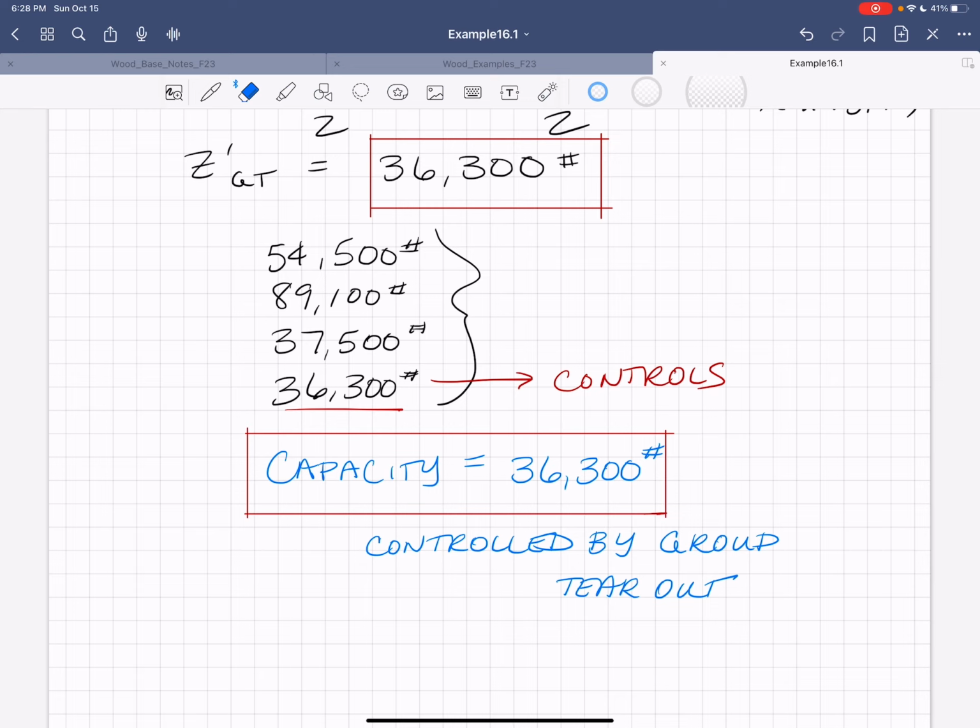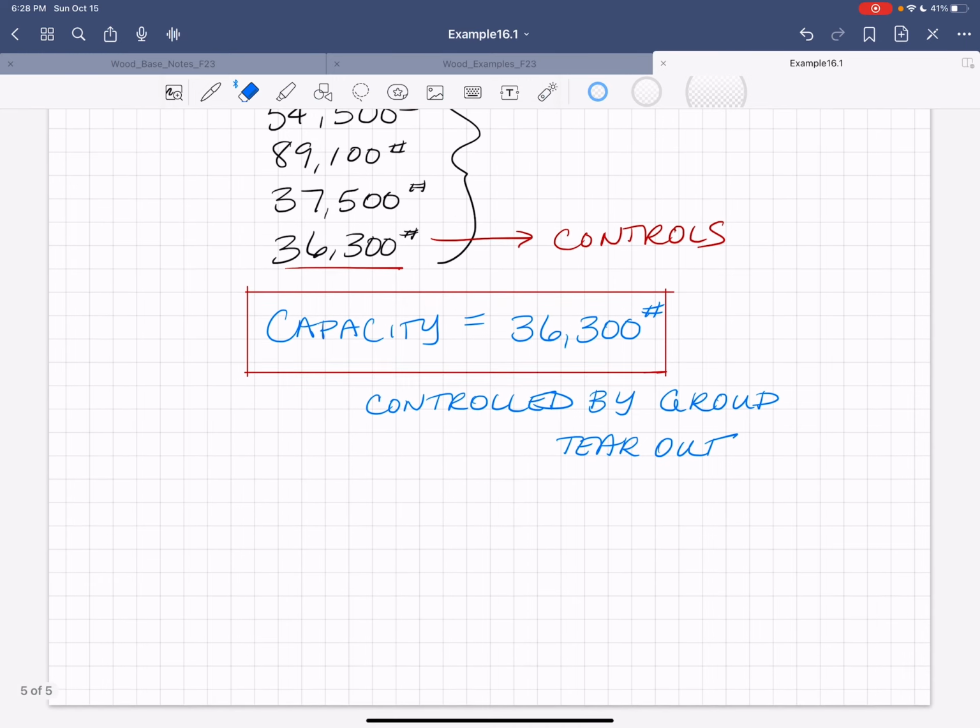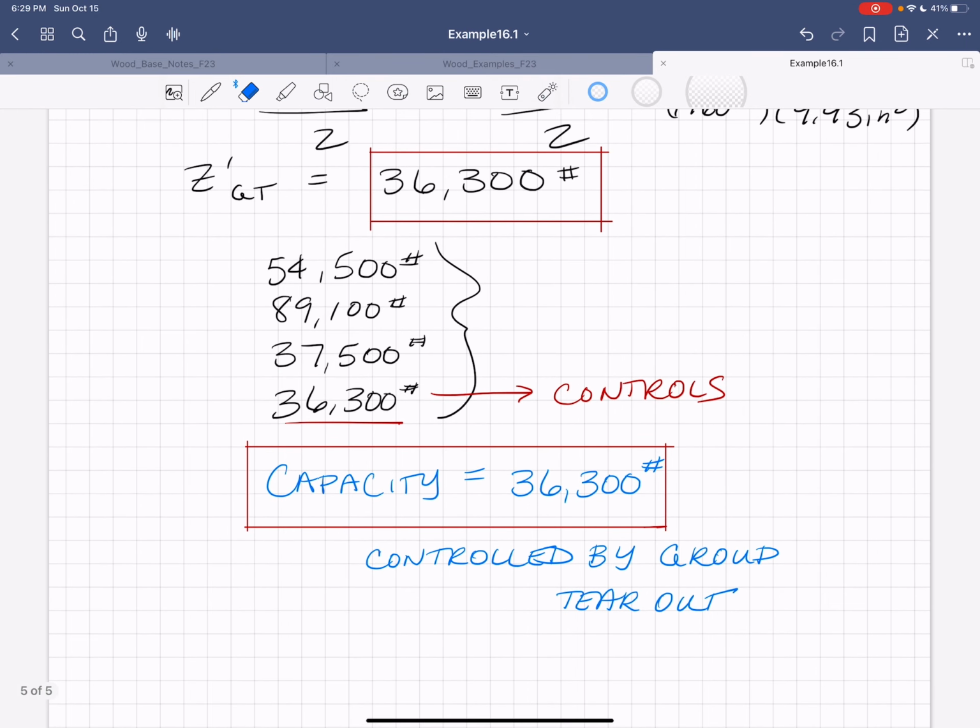So the capacity is controlled by the group of bolts tearing out, not by shear of the bolts themselves, and that's 36,300. In your homework, once again, you are only calculating that first number. I'm not making you do the second half, but this takes you through a full connection design, and we'll stop that one here.